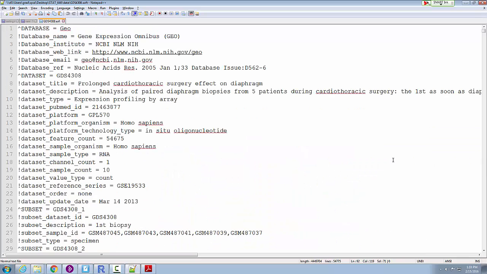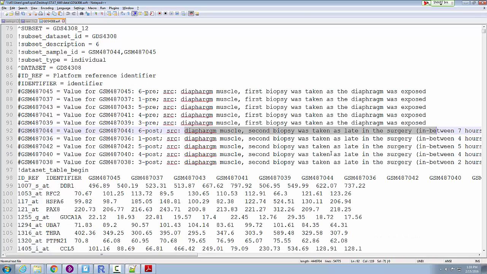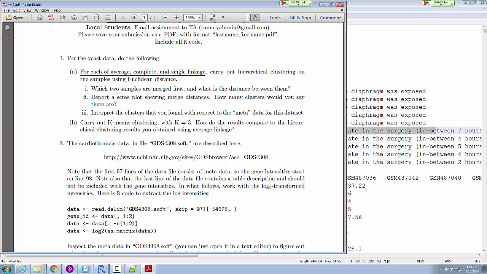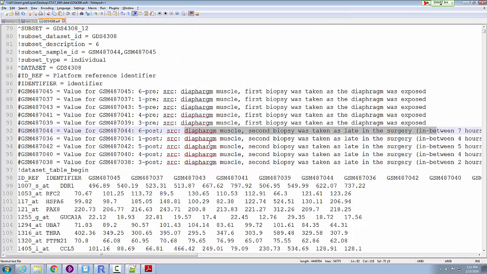So I gave you a link in the homework to a website that describes these data in some detail. I'll let you look at that. But these data are paired data. So for each of 5 people, there was surgery carried out to do something to do with the heart.